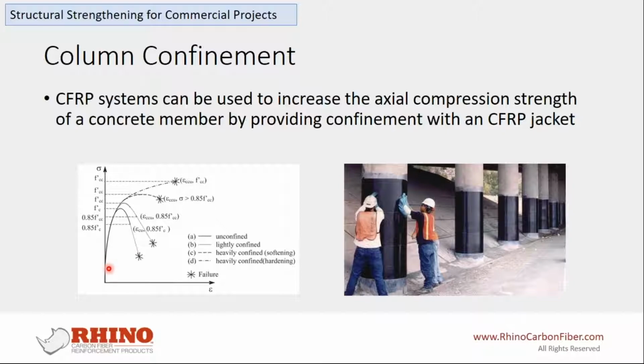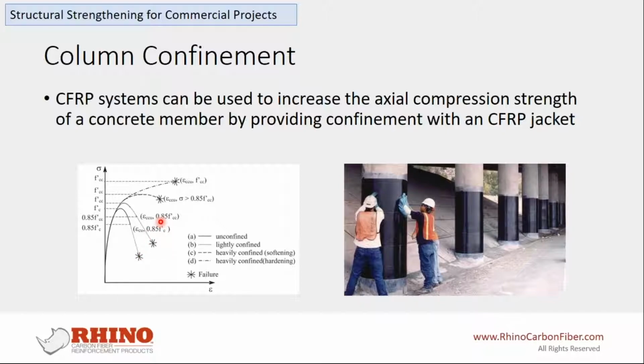In the graph shown at the bottom left, the line at the bottom represents the column without any strengthening. As you can see here, the behavior of the concrete column changes significantly as the level of confinement increases.